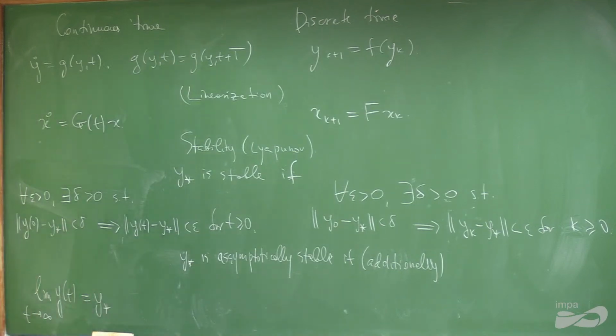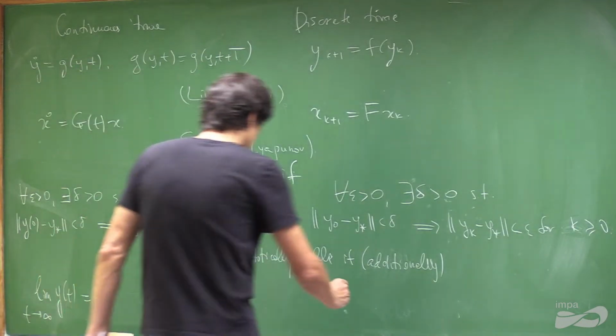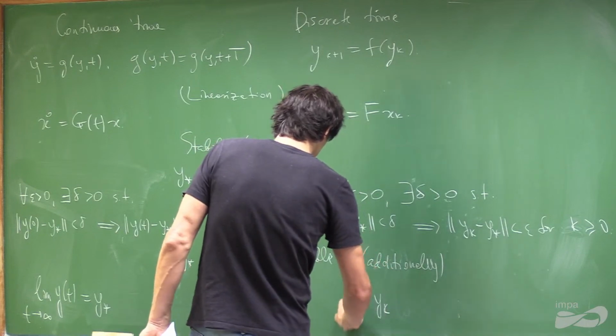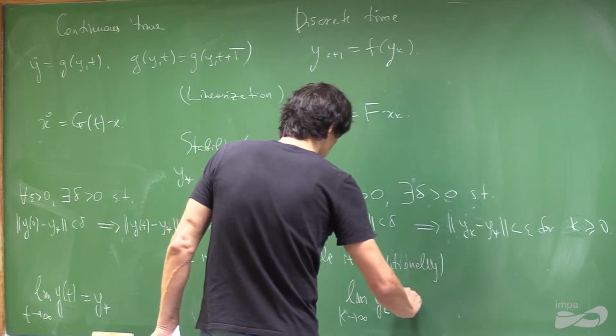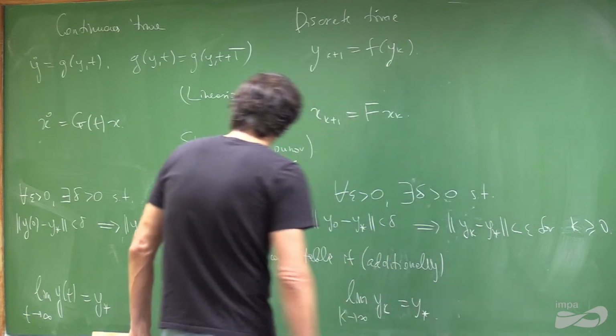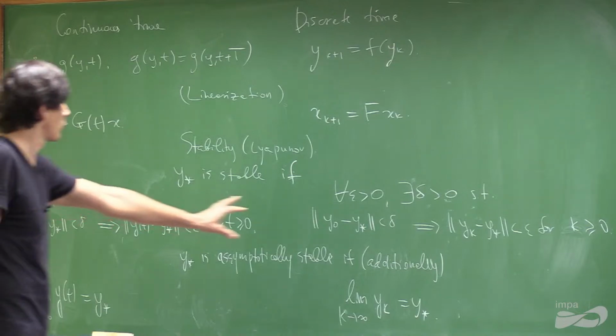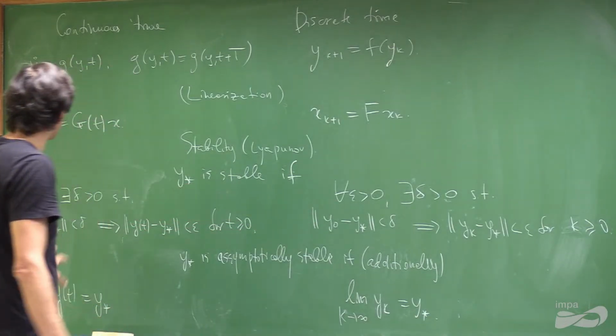So at large time it ends at y star, and here it's the same thing in discrete time: as k goes to infinity, it is y star. So there is a direct analogy of the stability properties of discrete time and continuous time systems.